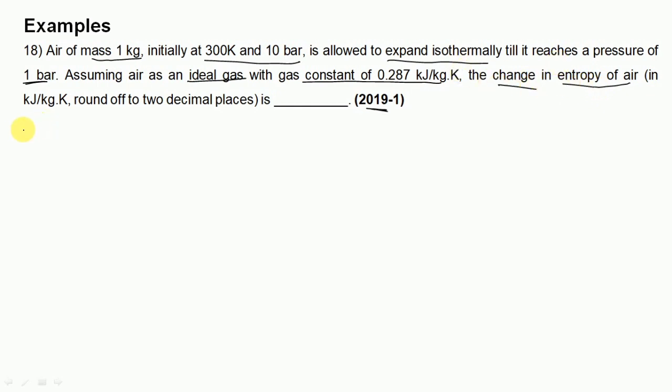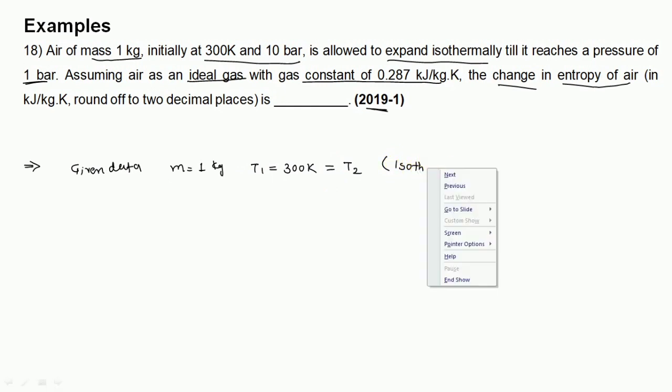So same as before, I try to write the given data. In the given data we have mass 1 kg, initial temperature T1 is 300 Kelvin, and it is an isothermal process, so temperature is the same, T2 equals T1, the reason is isothermal process.